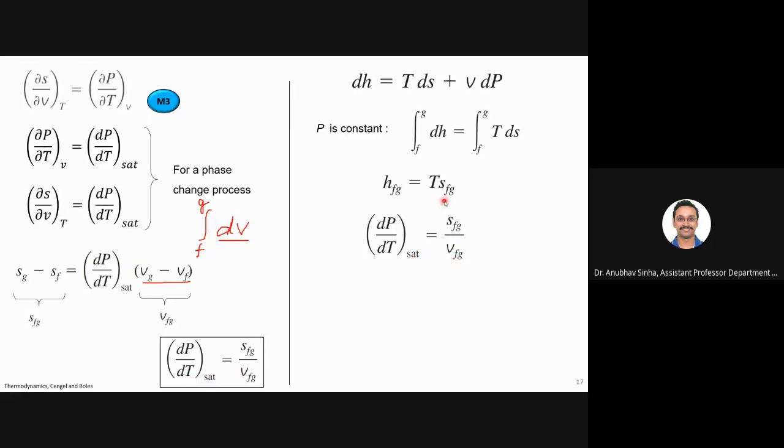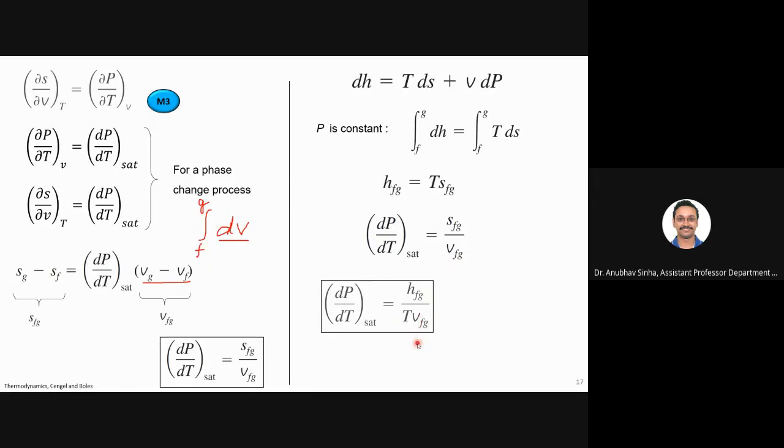And here we have found that Sfg can be written as H divided by T. So if I relate these two, I can write dP by dT, this is the LHS of this, is equal to, instead of S, I am writing H by T, and this V is coming from here.